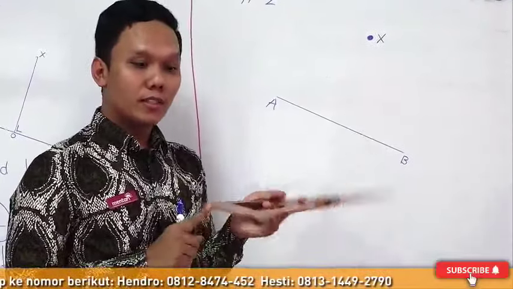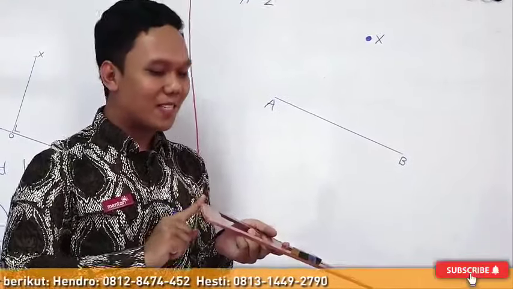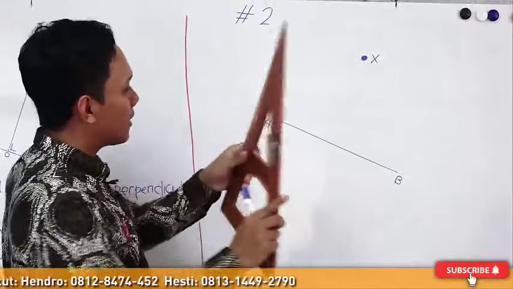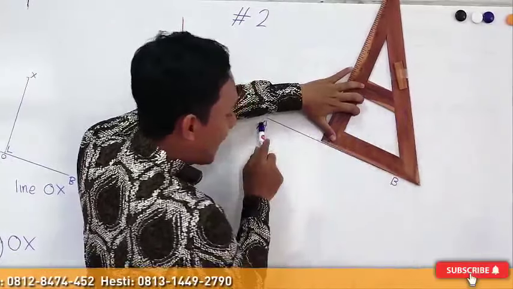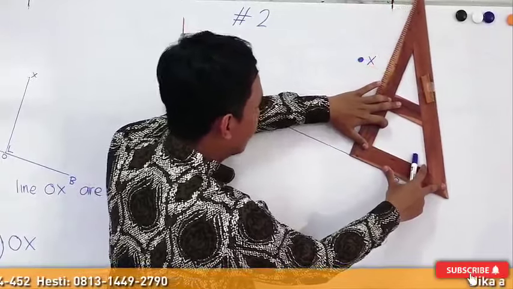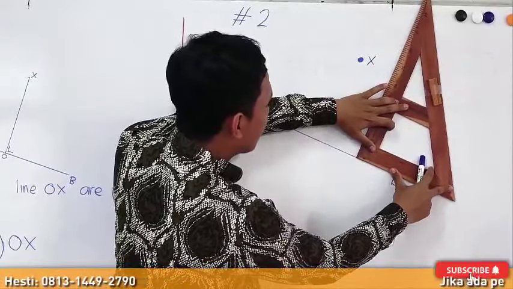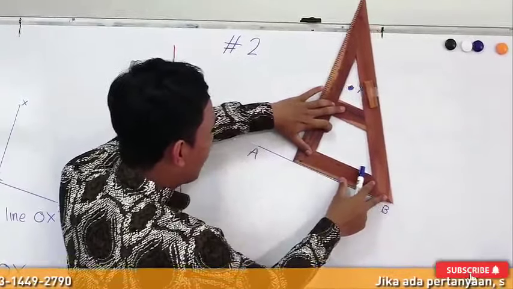We can use the shorter edge of the set square here and place the set square against line AB and then slide the set square along line AB.